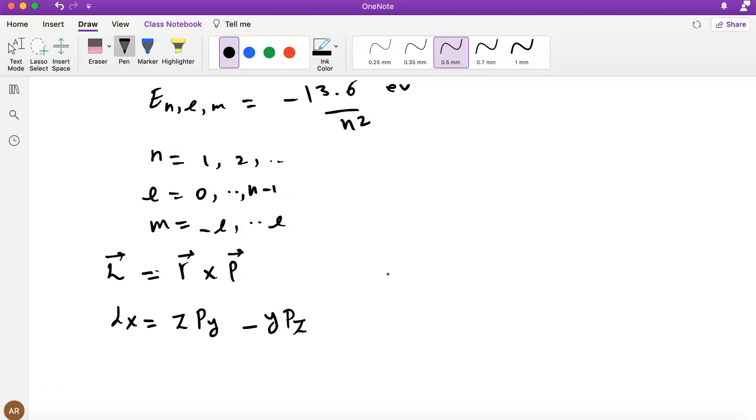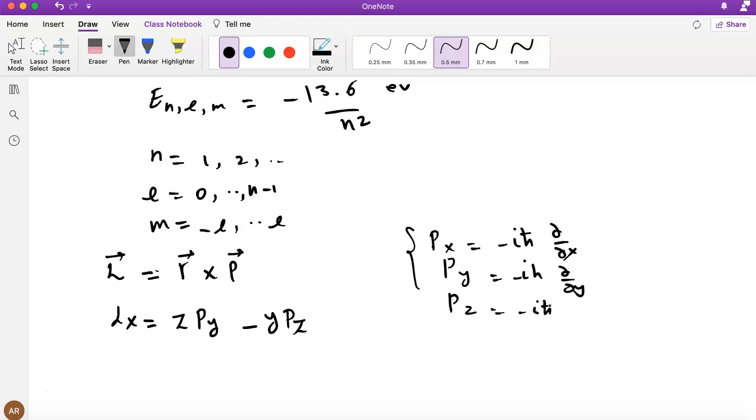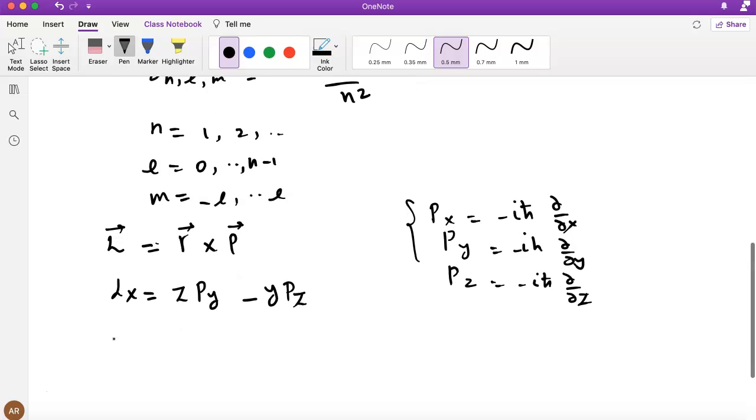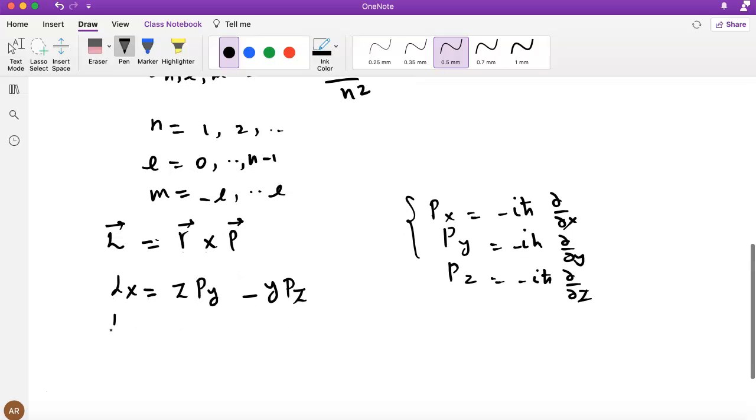And the momenta are what we've introduced before, so px is minus i h bar derivative with respect to x, similarly for the other ones. We already know what operators are associated with momentum, and we know how angular momentum is related to position and momentum, so we can construct operators for the various components of the angular momentum.